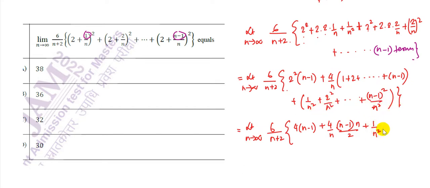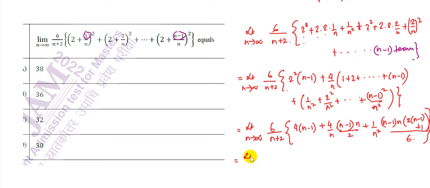If you take 1 by n square common, this is the sum of the squares of 1 plus 2 square plus 3 square up to n minus 1 square. The sum of the squares of the first n minus 1 integers, which is n minus 1 into n into 2 into n minus 1 plus 1 by 6.